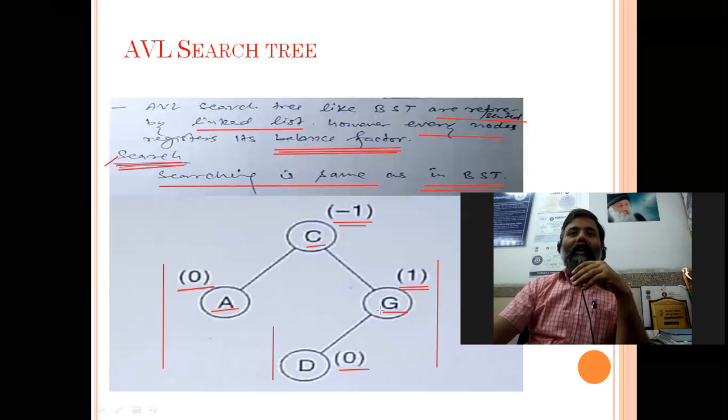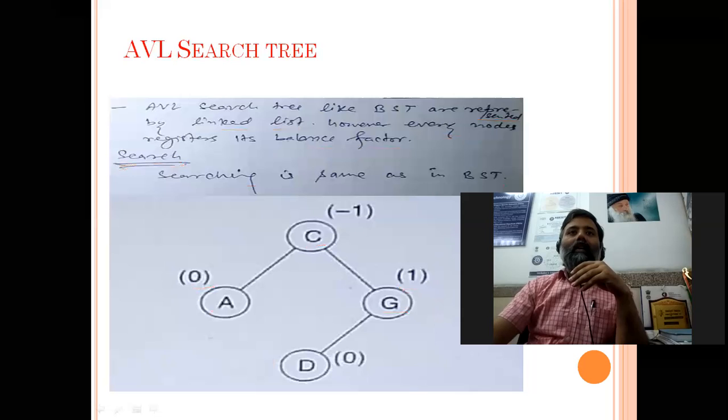So at each node we can see it satisfies the property of binary search tree, that left subtree will have less value than that node and right subtree will have greater value than that node. So this is an example of AVL search tree. So this is all about the search operation.